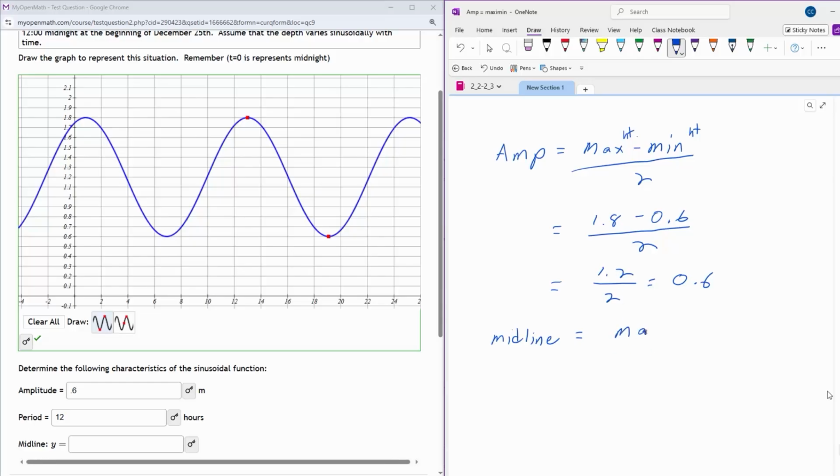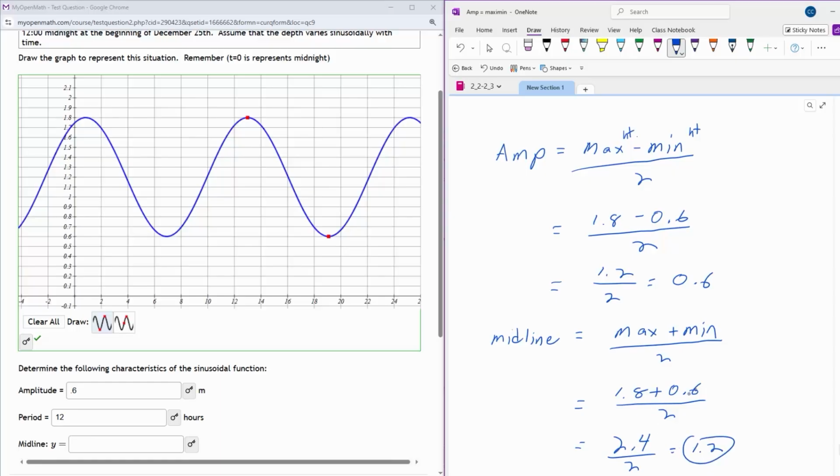So to find the average, you just go max height plus min height and then divide by 2. So that would be 1.8 plus 0.6 divided by 2. And 1.8 plus 0.6 would be 2.4. And then you divide that by 2 and get 1.2.